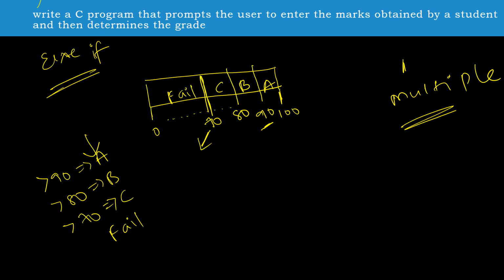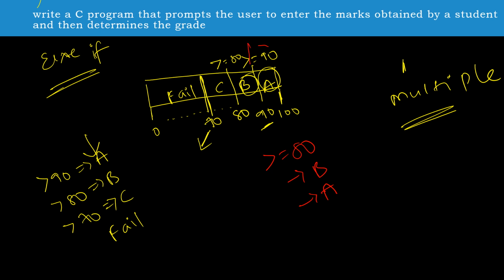Okay, it's very simple. First we need to check whether the marks are greater than or equal to 90. First of all, check the biggest condition, because if we check with 80 first, A can come, B can come. If we check directly with 90, only one will come. If you check greater than or equal to 80, he may get grade B or he may get grade A. So we need to decrease the confusion.